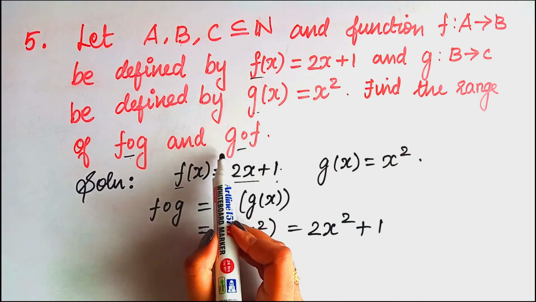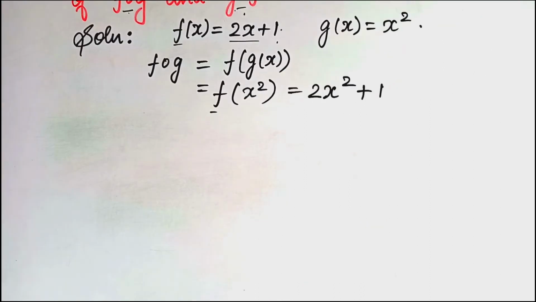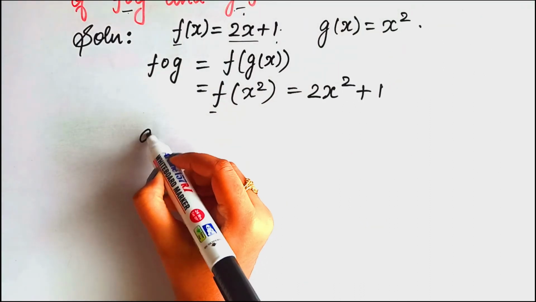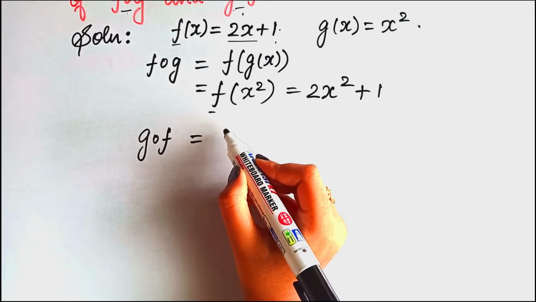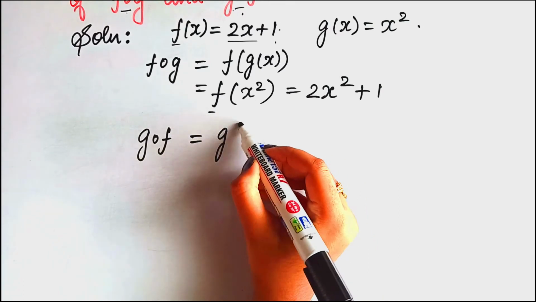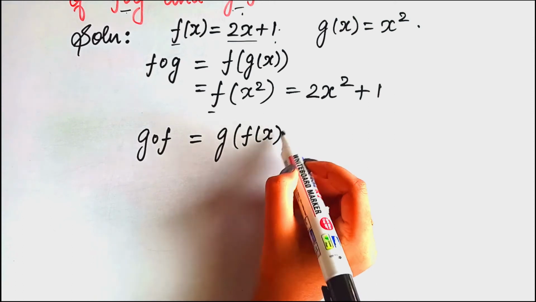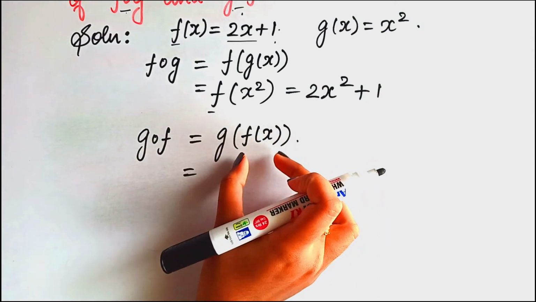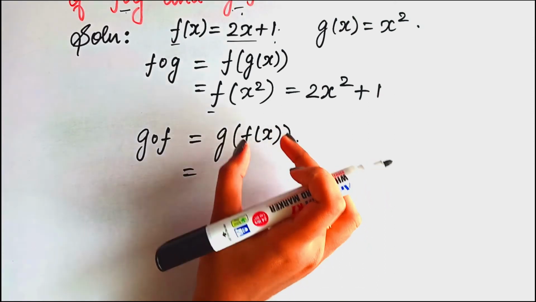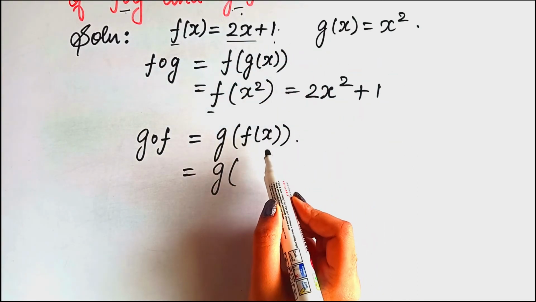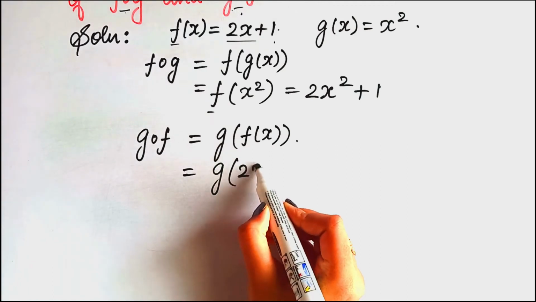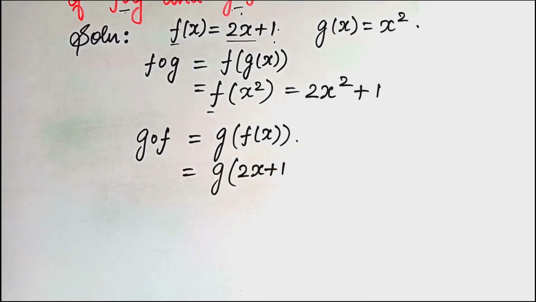And now we have to find the value of g dot f. G dot f is equal to, by the definition of composition of function, g of f of x. Here in place of f of x you can substitute 2x plus 1.